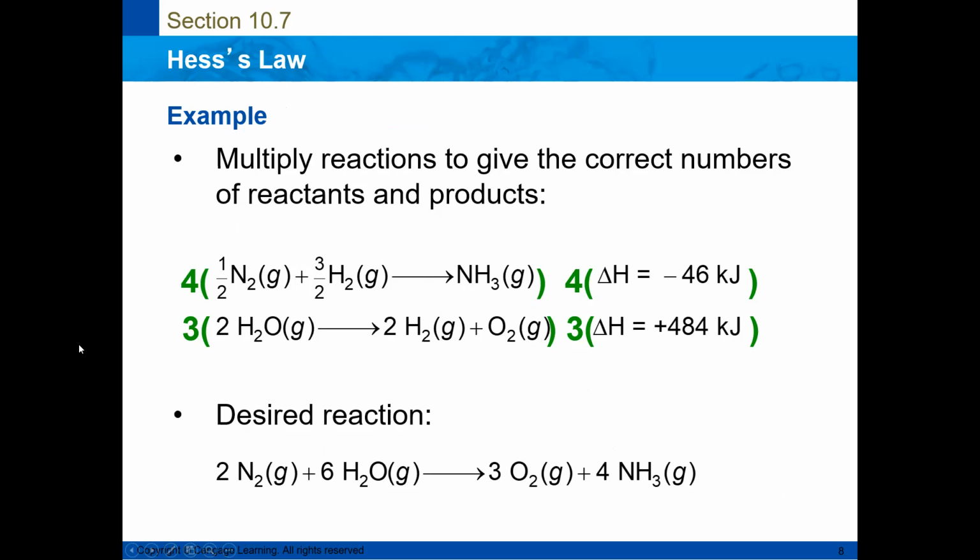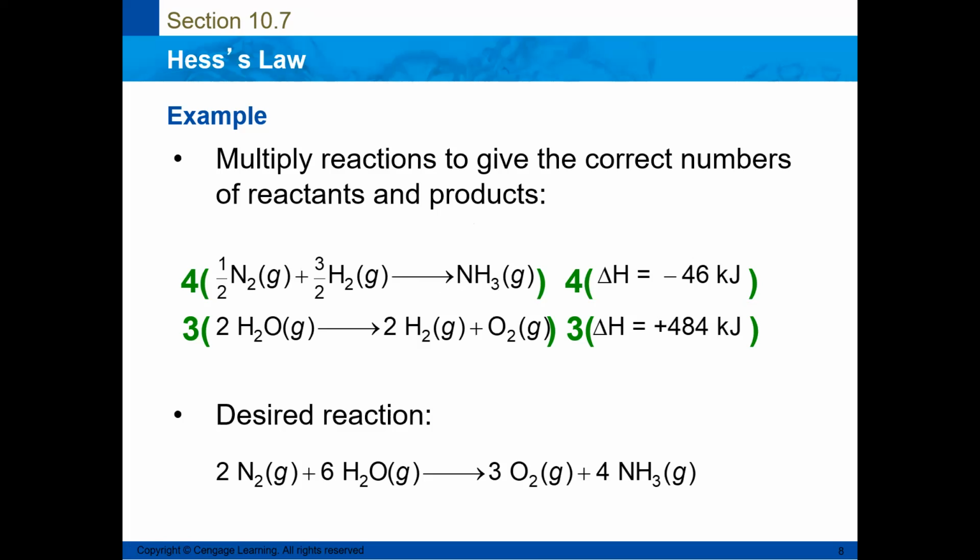The one that we needed was 4 instead of 2, so you do need a 4 here because of the hydrogen. The hydrogens can't be a 3 if there's only 3 here. So that's where I screwed up. Yeah, you do need a 4. So everything is multiplied by 4 on the top one, and everything is multiplied by 3 on the bottom one.